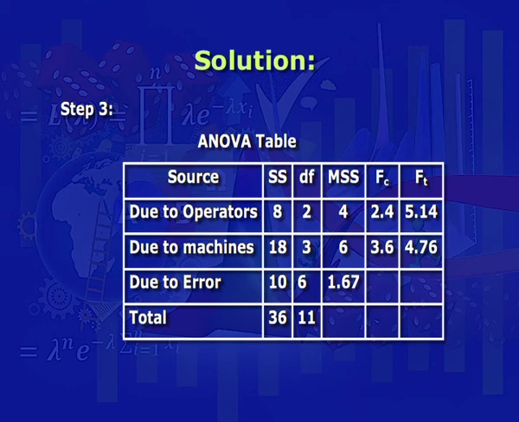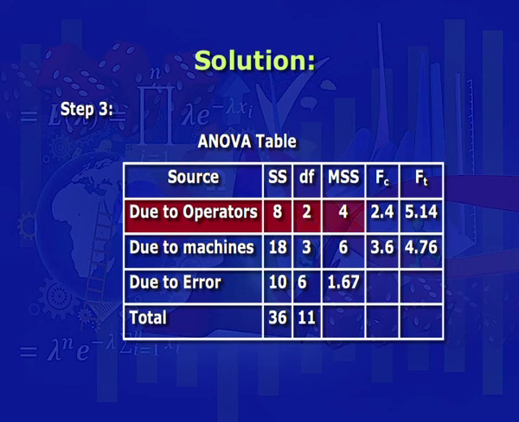In ANOVA table, the first column indicates the sources, the second column indicates sum of squares, the third column denotes degrees of freedom, the fourth column denotes mean sum of squares, the fifth column denotes the calculated value of F statistic, and the last column denotes the tabulated value of F. Due to operators, the sum of squares we have earlier calculated is 8, its degrees of freedom is 2.